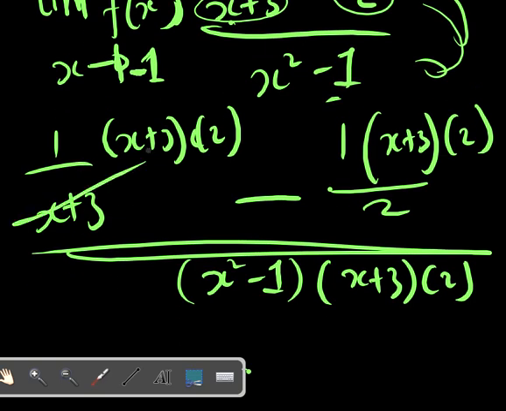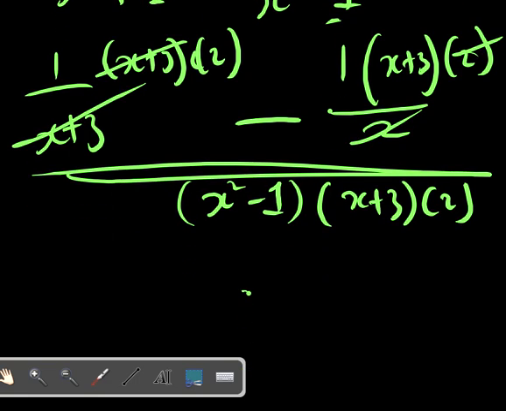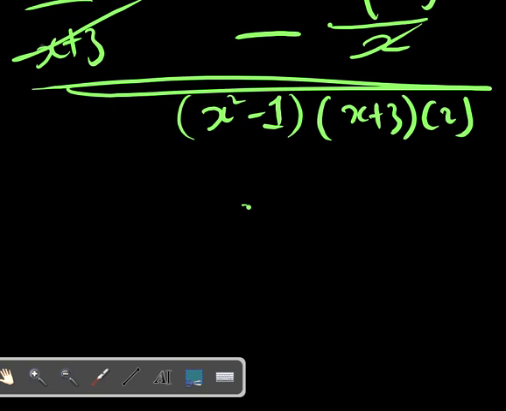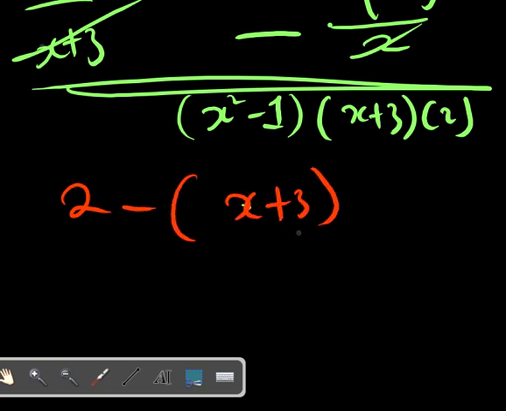Now this is going to cancel out, and this would also cancel out with the numerator. Then the numerator gives a simple expression: 2 minus (x plus 3), and then the denominator has this value. If we look closely at that value, it can be expanded into a simpler form.